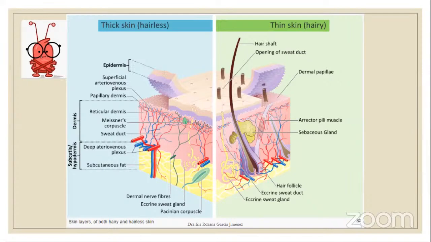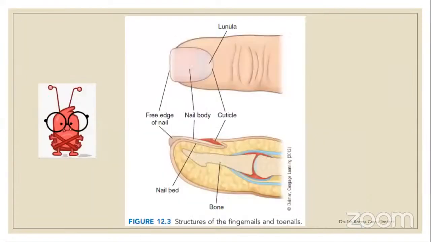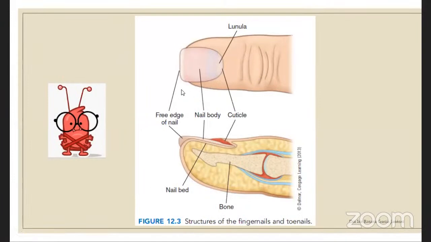Please study this, check these structures. Of course, we have to consider the nails. The nails have their own parts and structures, the same as in Spanish, of course. We have the free edge of the nail body, the cuticle, the lunula, and the nail bed, of course. And of course, the bone that is in the finger.